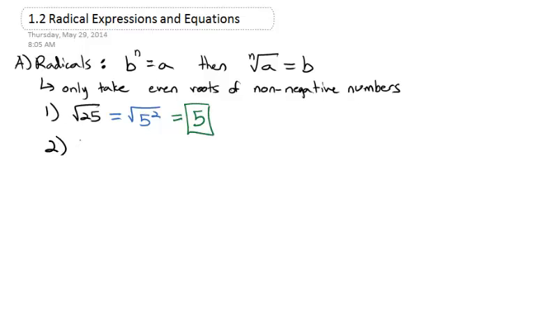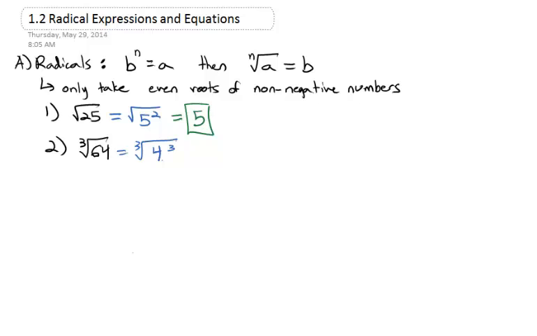Similarly, we can do a higher root, maybe a cube root of 64. And what we're looking for there with the cube root is something to the 4th power is equal to 64. I'm sorry, not the 4th power, it's a third root. We're looking for something to the 3rd power to equal 64.